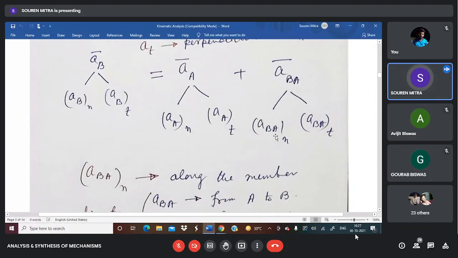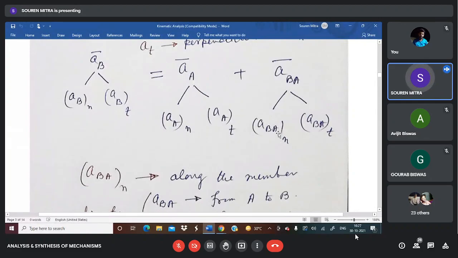Why? Because from the name itself, we know it is the acceleration of B with respect to A. It means that as B is rotating with respect to A, the center is A, so the direction is from B to A. That's how the relative acceleration directions are given.